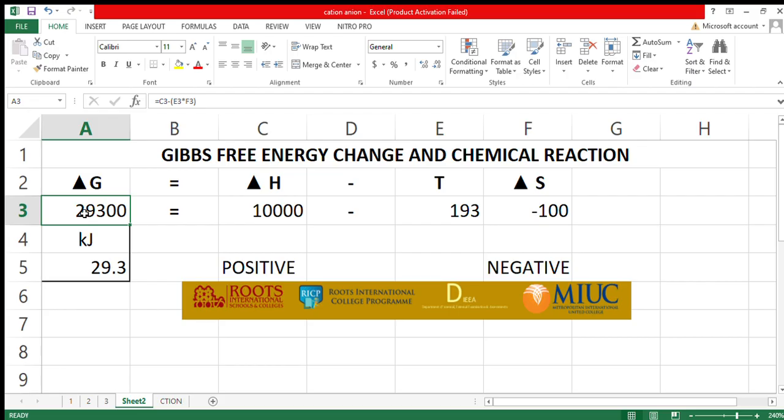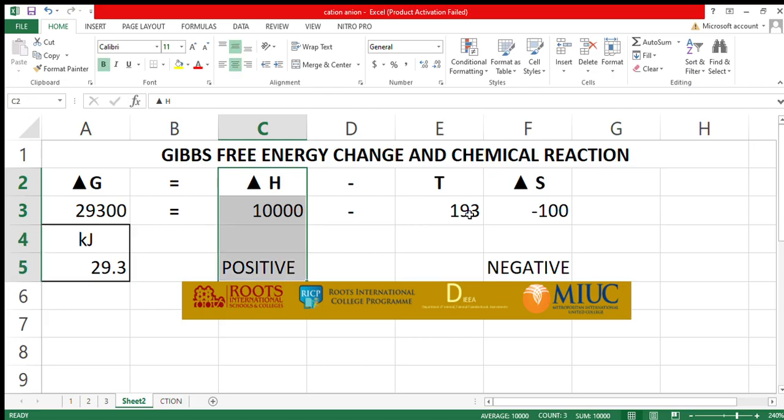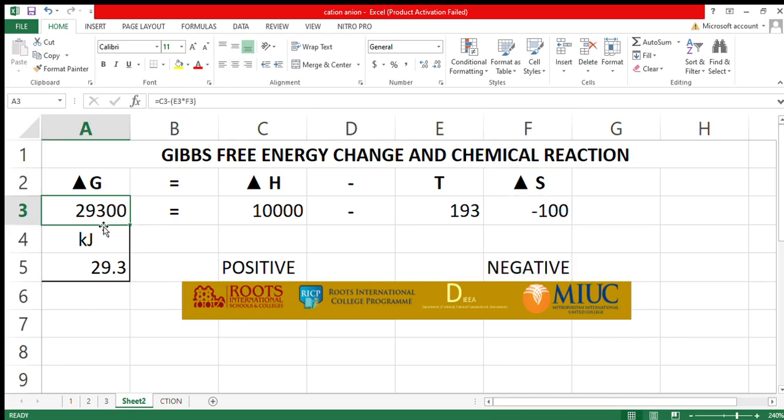It means a chemical reaction in which enthalpy change is positive, that is endothermic, and the change in entropy is negative, so there is a decrease in the disorder, the Gibbs free energy is always positive, and that particular chemical reaction is not feasible at any temperature or under any conditions.